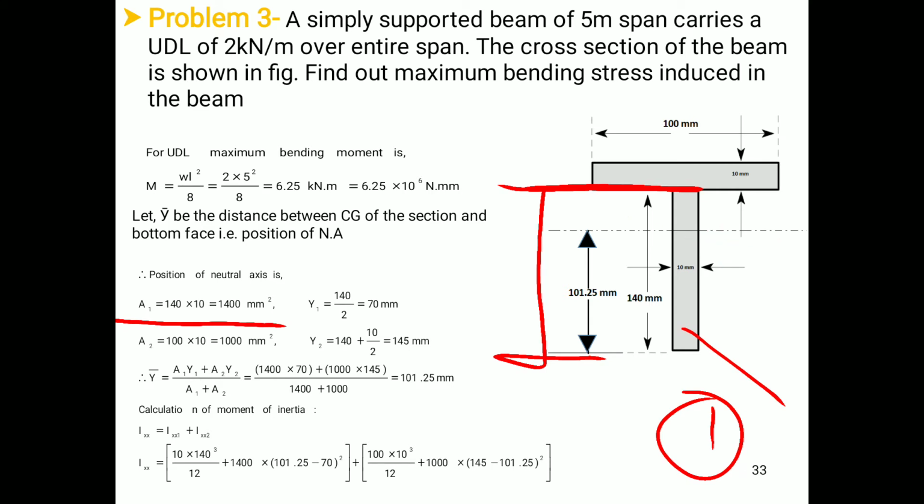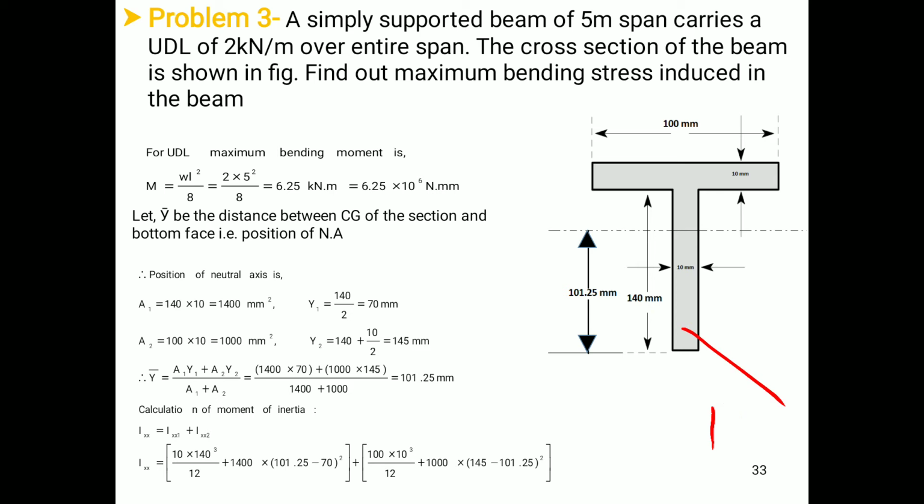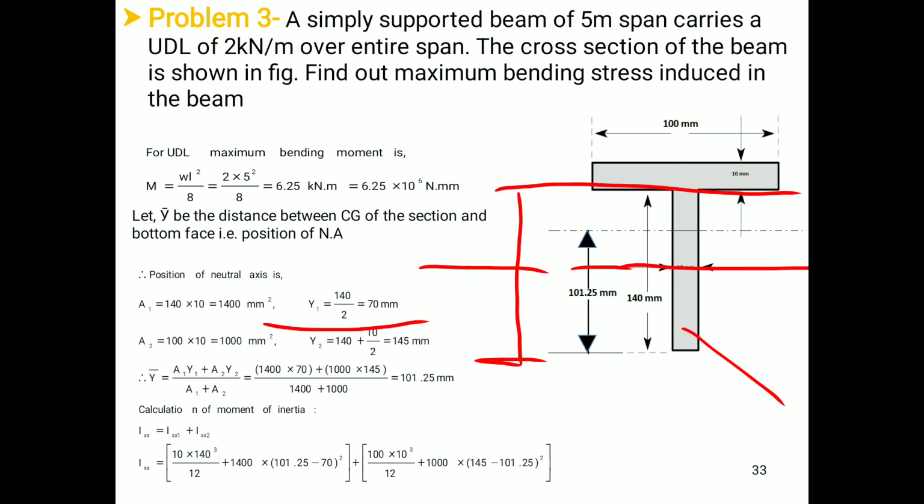Once you know the value of area A1 for section 1, we will find out the value of Y1. For this particular section 1, Y1 is half of total depth. Therefore half of total depth will become 70 mm. This is all about A1 and Y1 for section 1.